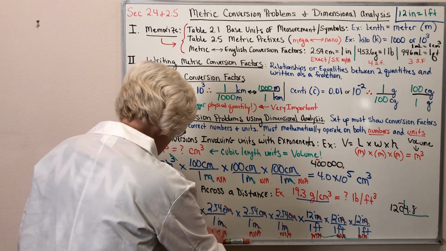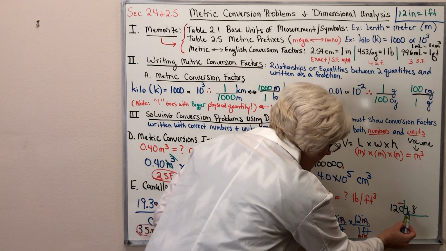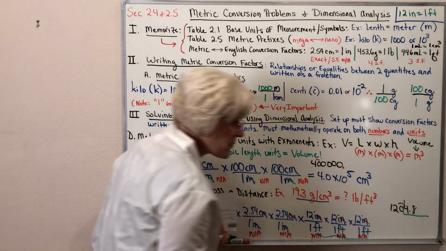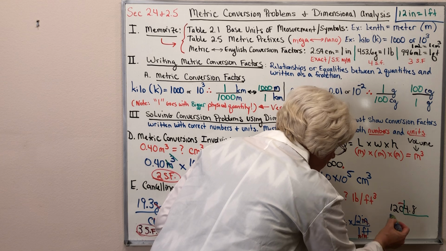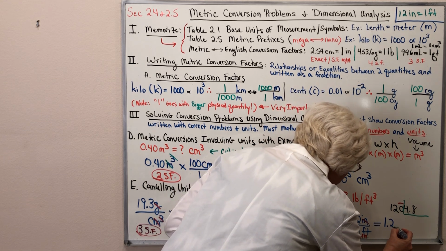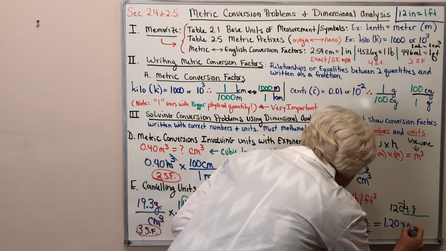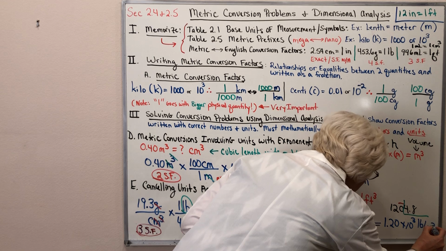I will leave it as 0. I'm going to have to put it into scientific notation in order to express it properly with 3 sig figs. Moving that decimal place to the left 3 spaces, I have 1.20 times 10 to the third pounds per cubic feet.